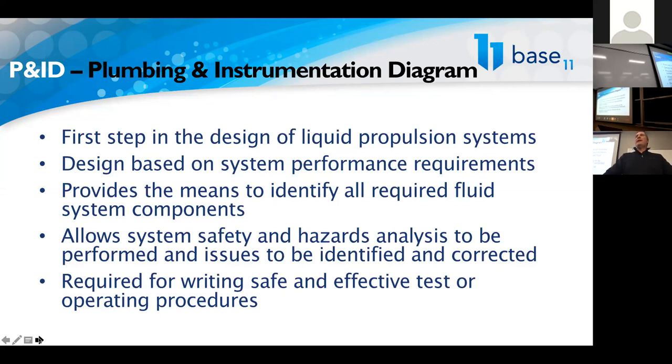In order to say, hey, I'm going to get the propellants from the tank to this place, to this place, to this place. It's literally the plumbing and instrumentation diagram that you look at as you write your procedures to go through. So you have to start with an excellent design, hopefully reviewed, for your PNID.